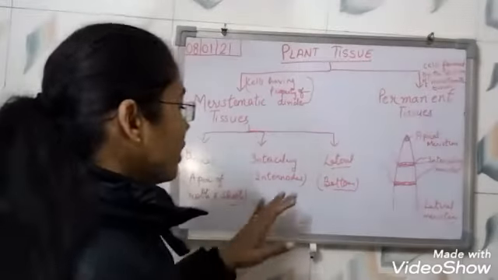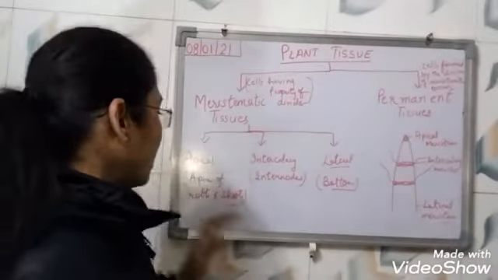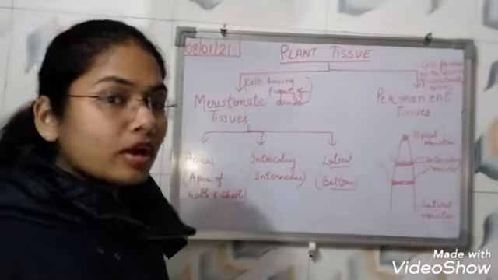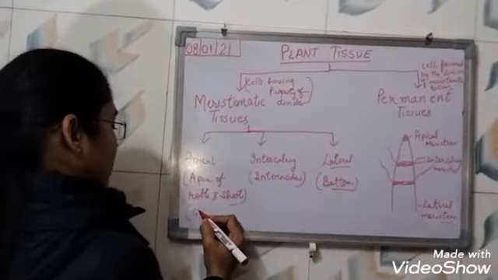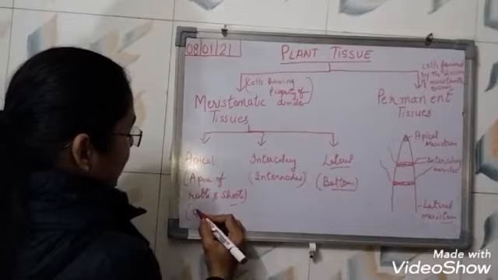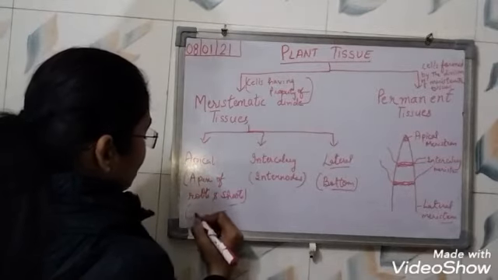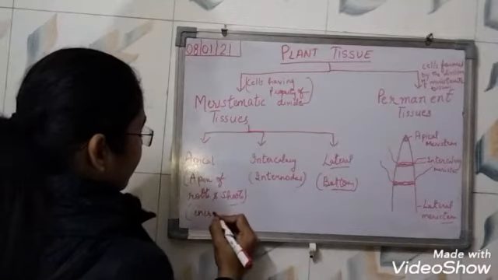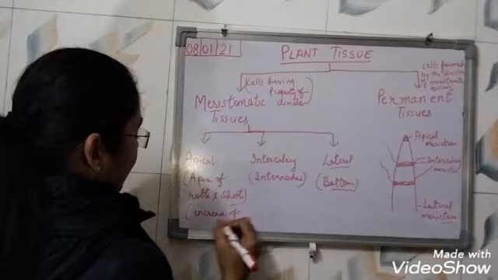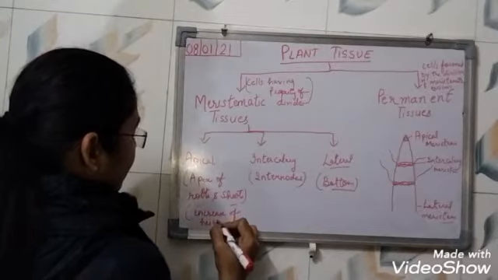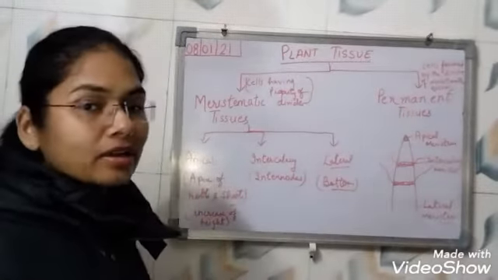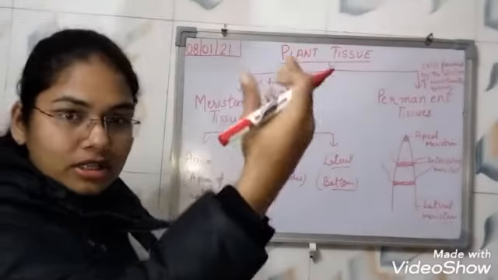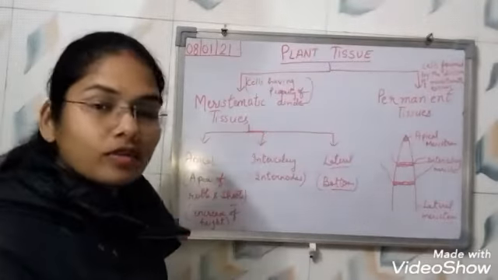If we talk about the function, apical meristem helps in the increase of the height of the plant, either from the upper part of the plant or from the root.